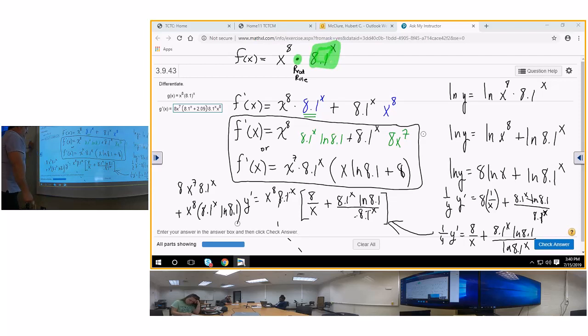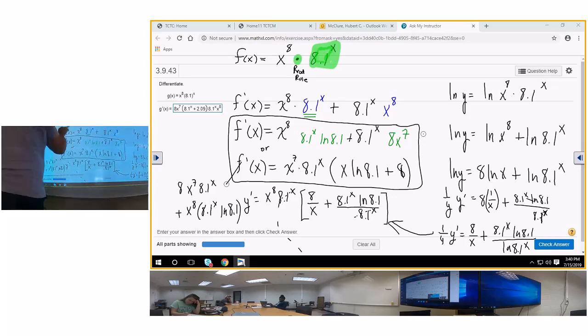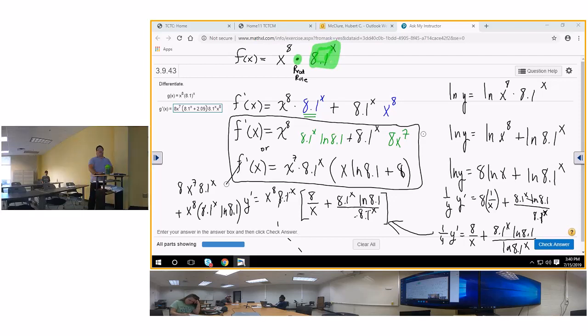Y'all check me. I think the x to the 7th is going to come out, and 8.1 to the x is going to come out, and that leaves your 8. It's going to work out. But as you can see, sometimes the natural log of both sides can be more work.